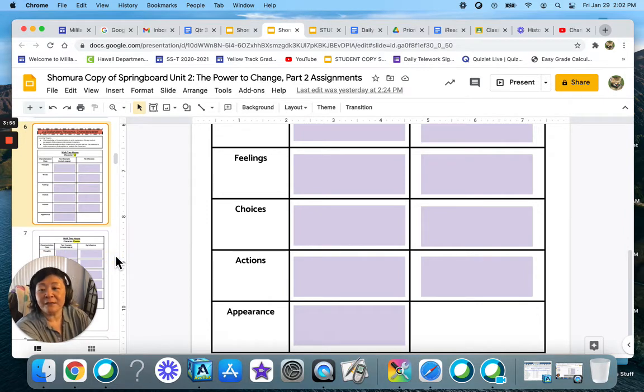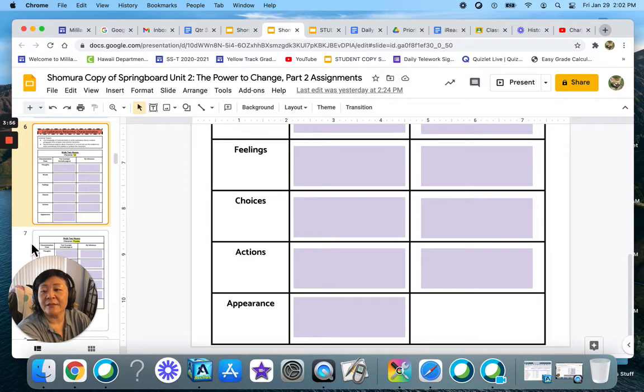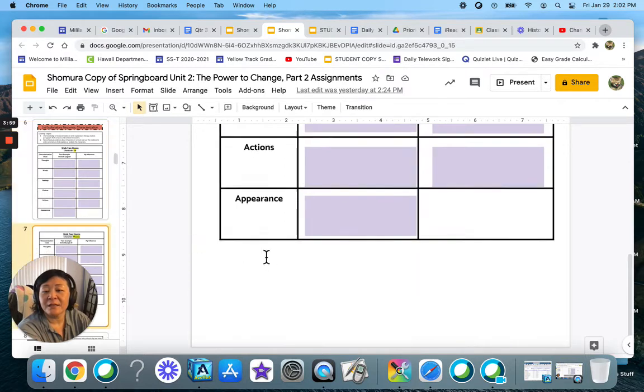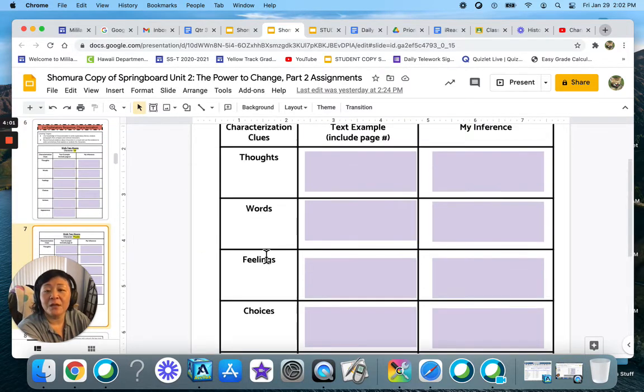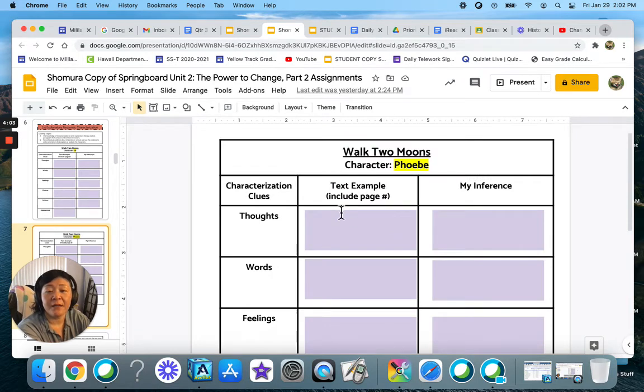Slide 7, the next slide, is about Phoebe. Okay. So we're still in the novel Walk Two Moons, but now you're going to focus on the character of Phoebe, and you're going to do the same things. You're going to talk about some of the thoughts Phoebe has and some examples, and then your inference.